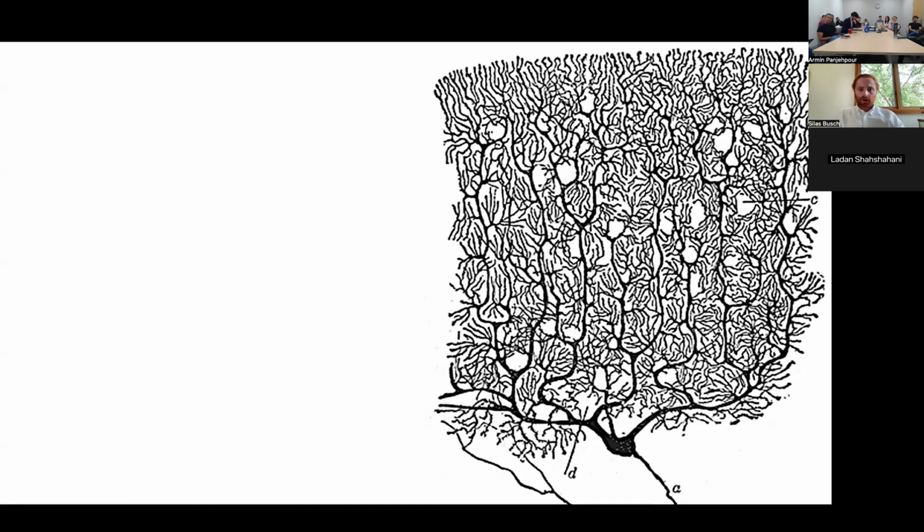So my project, the story really starts with this image, which you're probably very familiar with. This is Cajal's illustration of a human Purkinje cell. When I first started my graduate work, this image really captured my imagination, and I was quite interested in the staggering complexity of the dendritic arbor here.